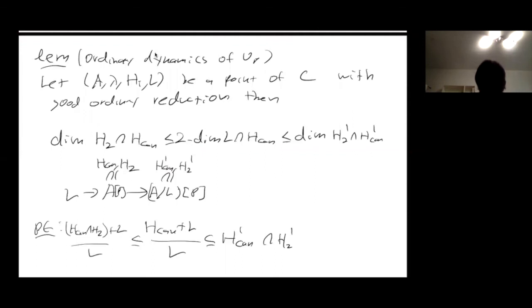And now let's compute the dimensions of everything. This is isomorphic to H can intersect H2 because the intersection of L and H2 was assumed to be 0 in the definition.